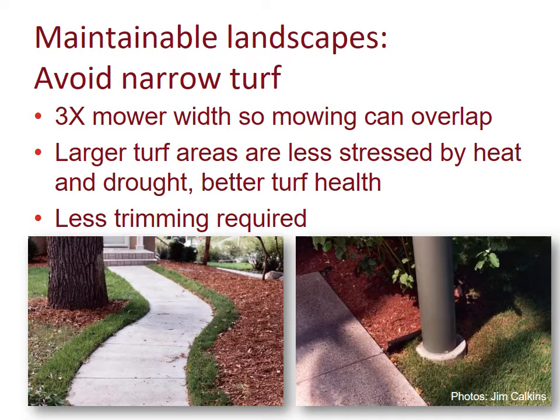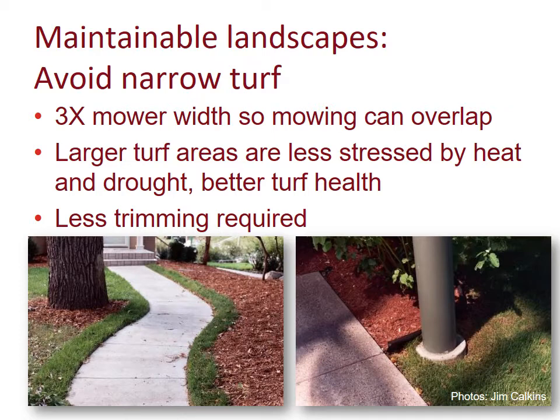A turf area should never be less than 3 times the width of your mower so that your mower can overlap as you move along the process of mowing. Larger turf areas are also less stressed by heat and drought, so that means better turf health, which means fewer weeds and thicker turf. And less string trimming is required when you have larger turf areas.